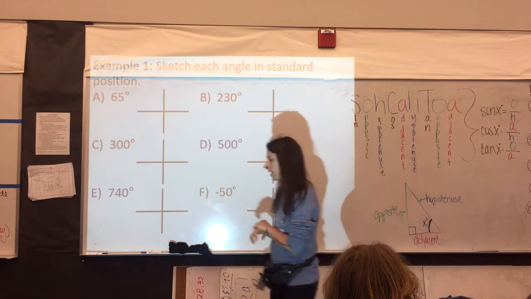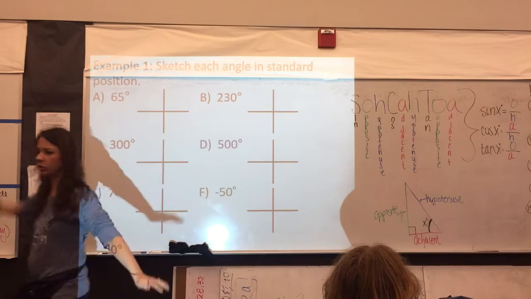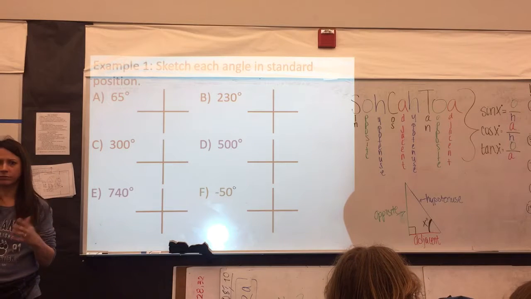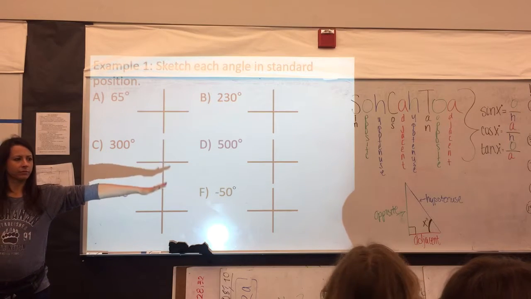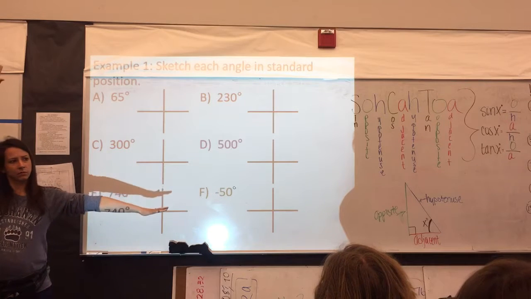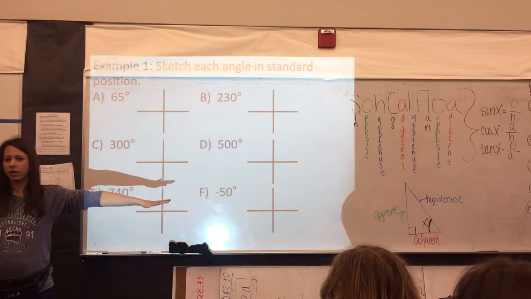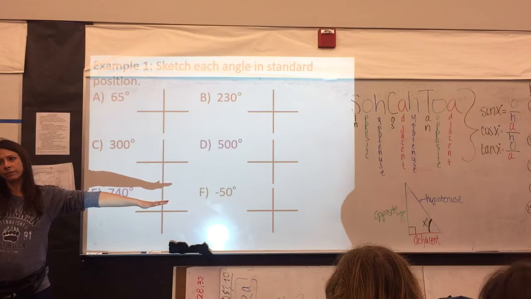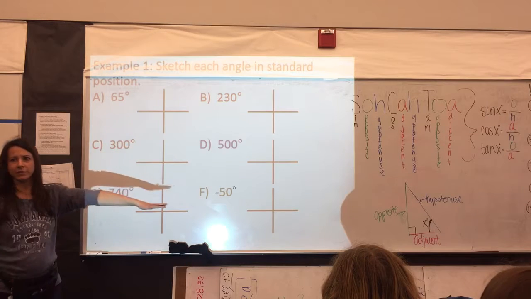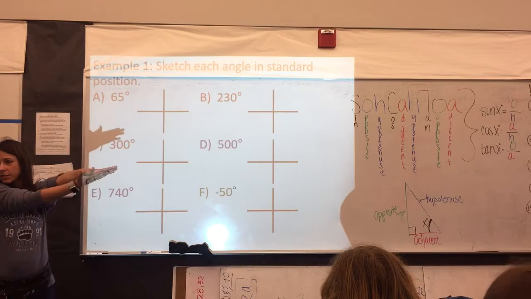okay? If I asked you with your arms to tell me what a 180 is, what would you do? Okay? A 90. Okay? A 360. All the way around? So let's go. 360.